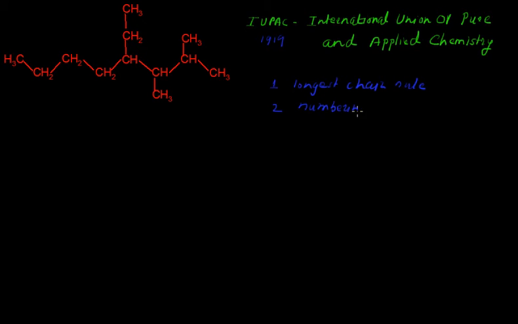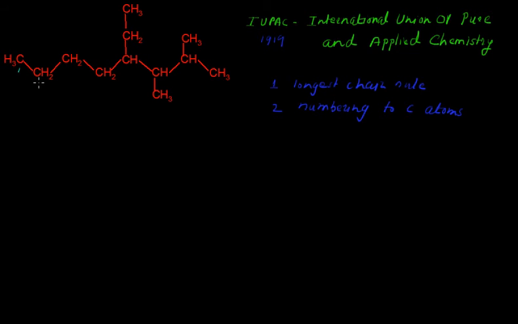Numbering to carbon atoms. While giving the numbering to the carbon atoms, we can give the numbering from the left hand side towards the right hand side, as well as from the right hand side towards the left hand side. So let me start from the left hand side.